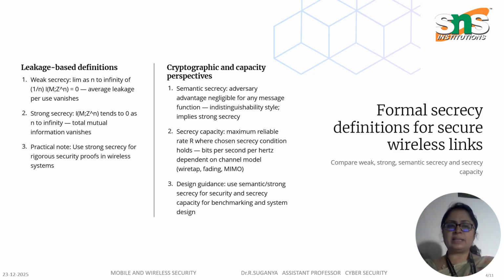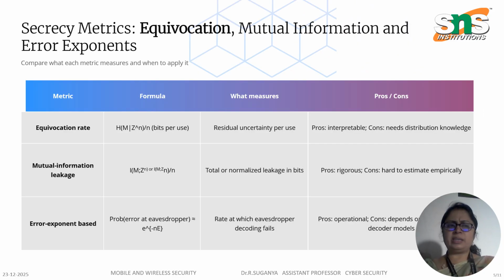The design guidance uses semantic or strong secrecy for security and secrecy capacity. Then we have the equivocation rate, the residual uncertainty. And we have some pros and cons too, for mutual information leakage and error exponent based.